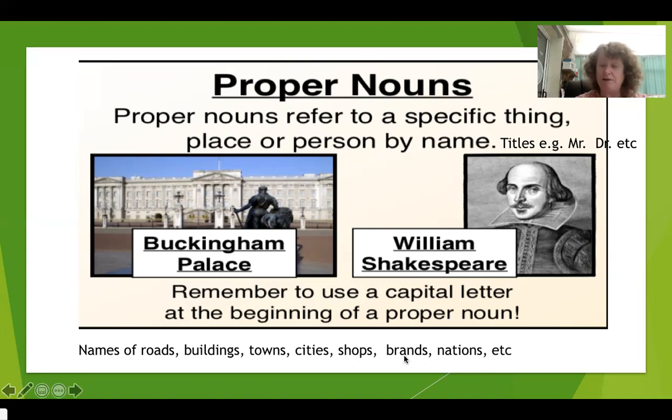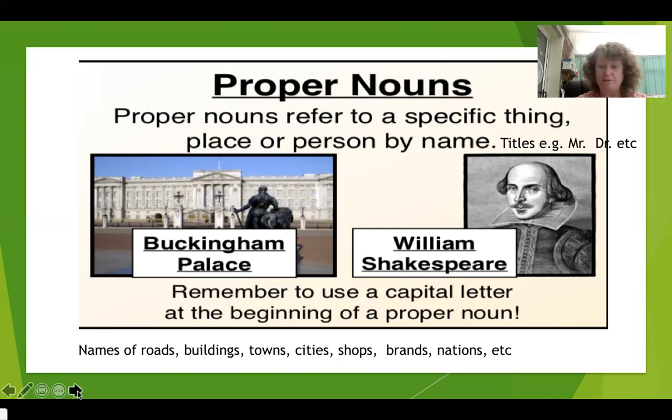So Nike, for instance, that's a proper noun. And any kind of nation. So I live in the UK, I live in England, so England is a proper noun. It's the name of the country that I live in.